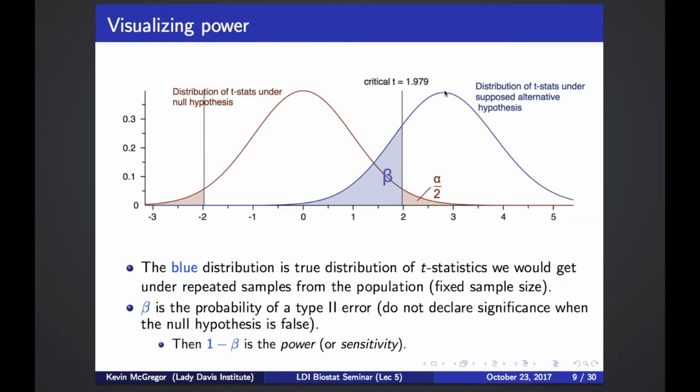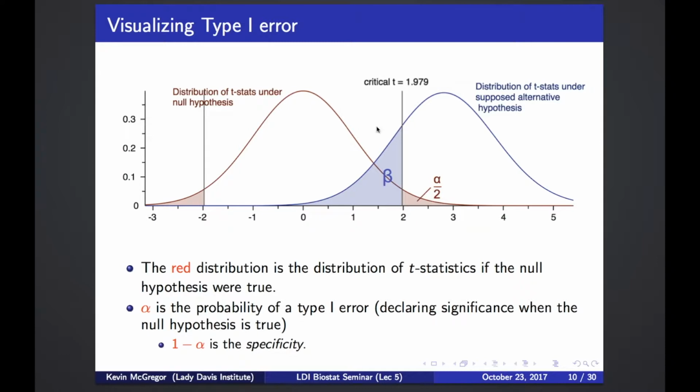We know that the alternate hypothesis is true, but we did not find a significant result. So we call that beta. And the area under this curve to the right of this critical value is when we correctly reject the null hypothesis. That's what we call the power. So we want this power to be as big as we can reasonably get it.